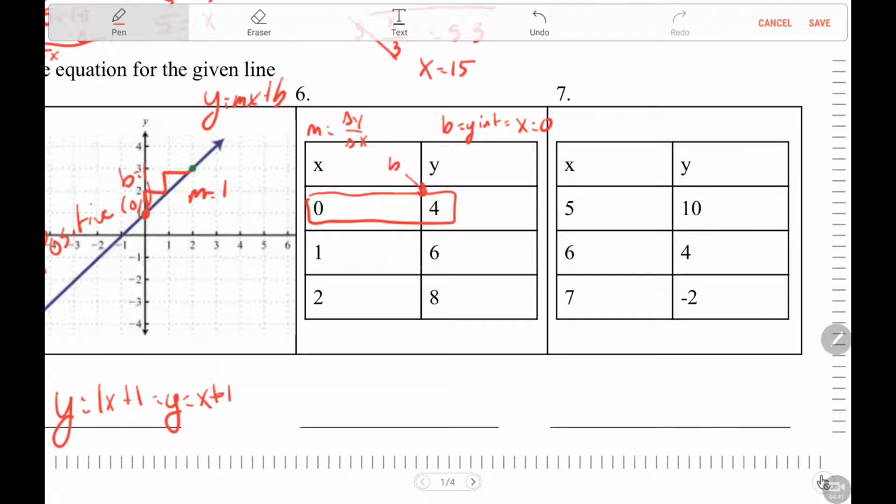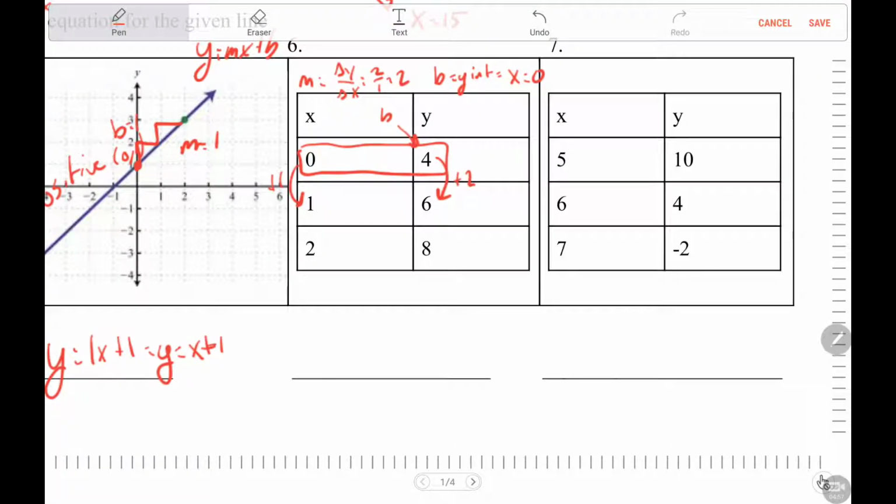That's b. But let's find our slope. Our slope is our change in y, 4 to 6 is 2, over the change in x, which is 1. So 2 over 1 equals 2. Therefore, y equals 2x plus 4.